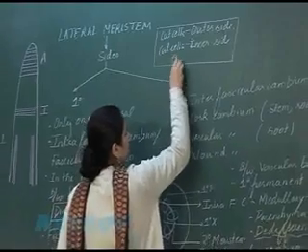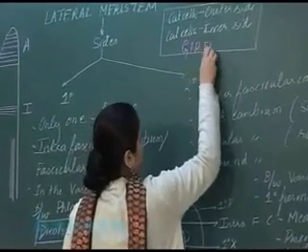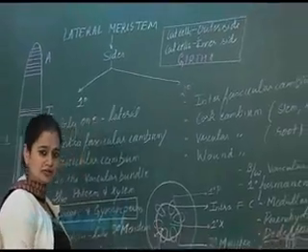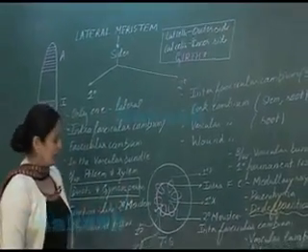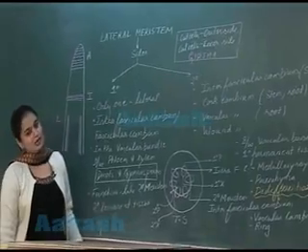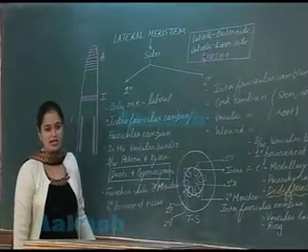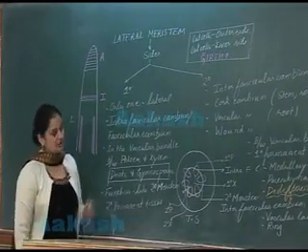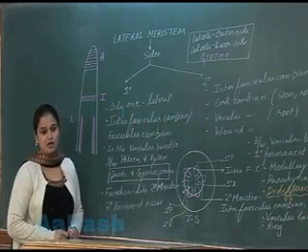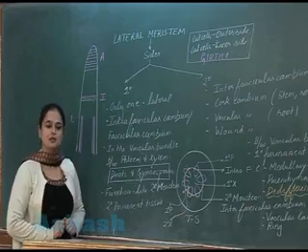Result is increase in the girth of the organ. So you got this? Yes. So we have discussed the different types of lateral meristem, primary and secondary. After this, now we are going to deal with the organization of shoot apex and root apex.